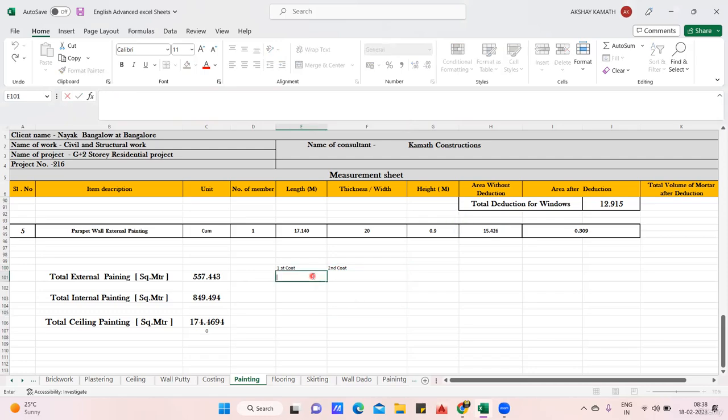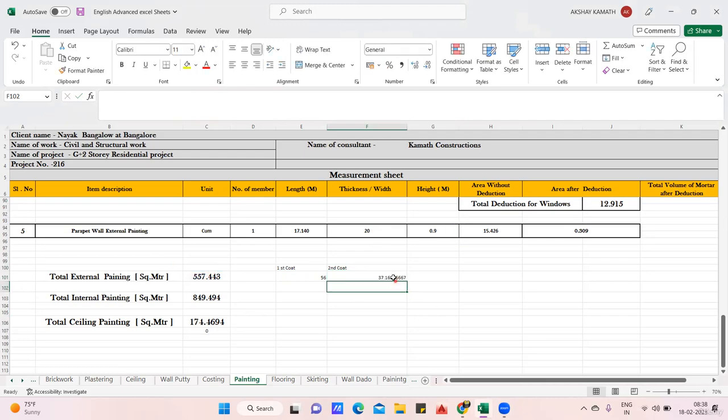Very simple. This total area I will divide by 10, because first coat will cover 10 square meter per liter. So 55 liters of paint is required. I'll make this 56 now. Second will be again this area. You divide it by 15, because second coat it will cover 15 square meter in a single liter.